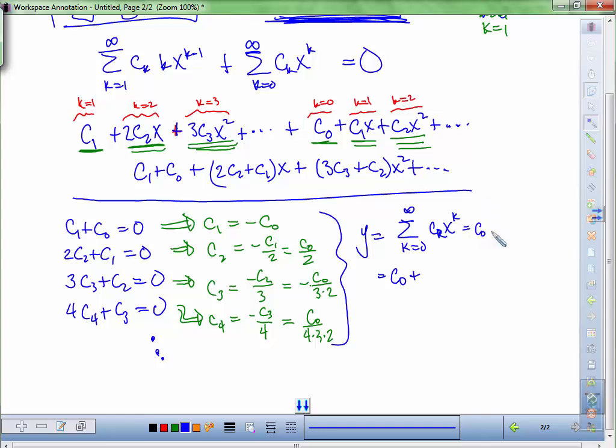It'll be C naught plus C1x plus C2x squared plus C3x cubed plus C4x to the fourth. So I have C naught plus C1, which looks like it's negative C naught times x. So C1 is negative C naught, and then I have times x over here.